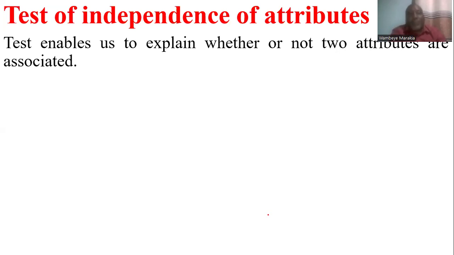So we are looking at two variables. If we are looking at the association of the two attributes, whether they are related or not, then the chi-square test we carry out is the test of independence of attributes.